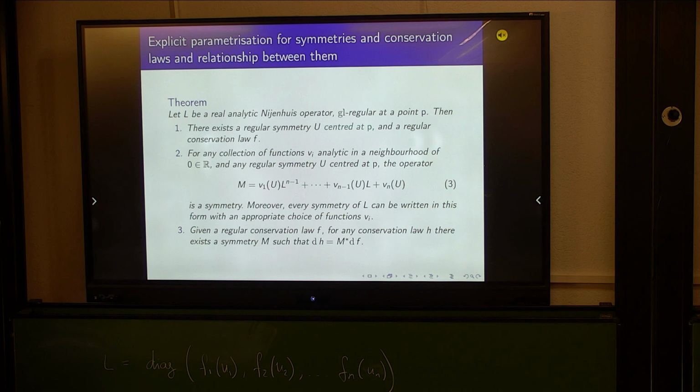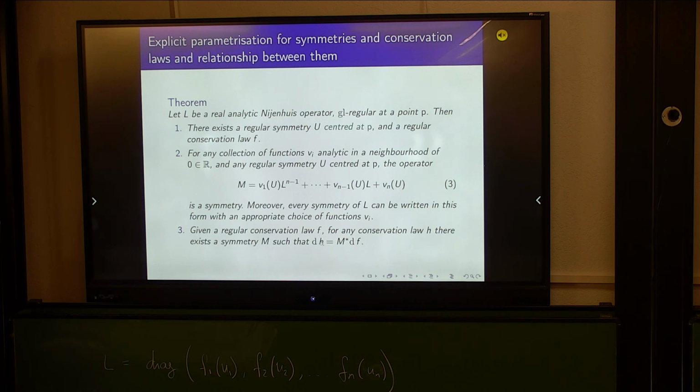For the conservation laws, the situation is similar. If you have just one single conservation law, then any other conservation law can be obtained in this way. You just take F and apply all symmetries. Symmetries are given here.